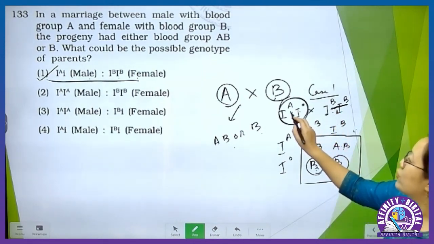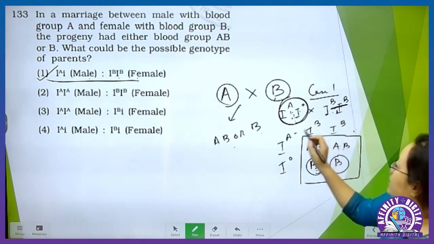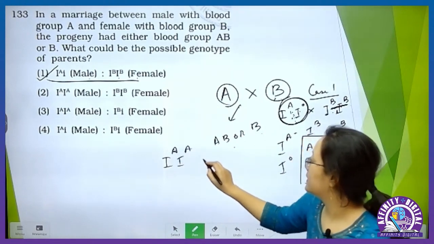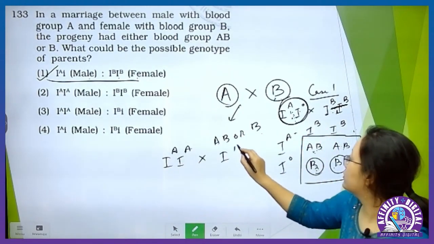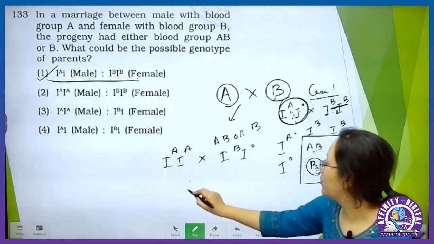But in case you make this one heterozygous, the homozygous parent IAIA, and make B heterozygous like this, in that case what type of blood group will come?